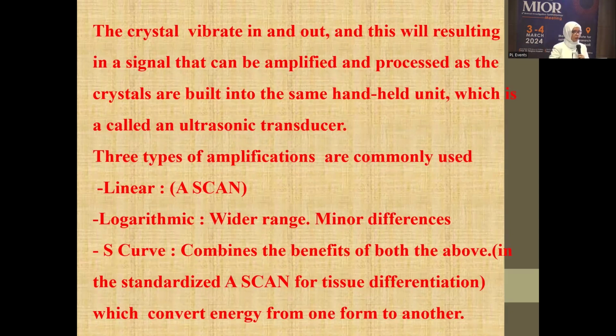You can increase the gain or decrease the gain, and it is processed as the crystals are built into the same handheld unit, which is called an ultrasound transducer. There are three types of amplification we can see: linear amplification, logarithmic amplification, and S-curve amplification.